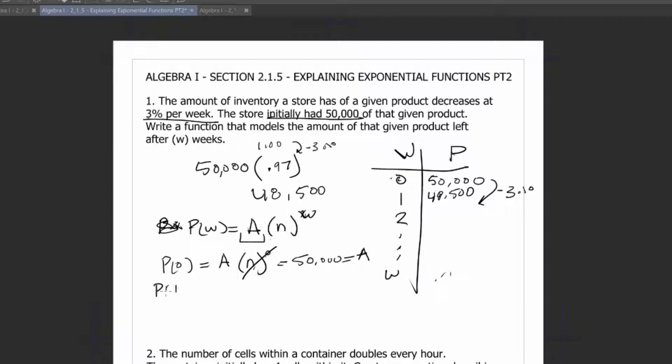So P of 1 equals 50,000 times n to the 1. We just have to solve for n. Anything to the first power is itself, so that equals 50,000 times n. And P of 1, as we solved here, is 48,500.